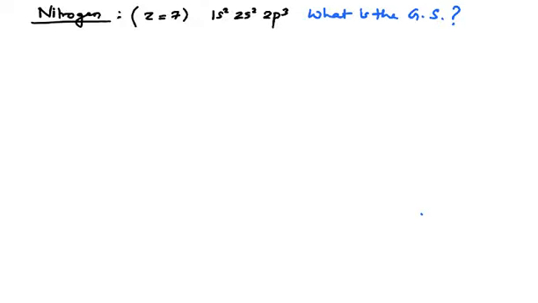Now let's quickly look at the ground state for nitrogen. For nitrogen Z equals 7, right? So the distribution is 1s2, 2s2, 2p3. Now instead of 2 electrons, you have 3 outer electrons. So the question is, what is the ground state of such an atom?